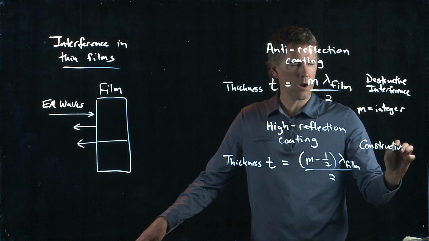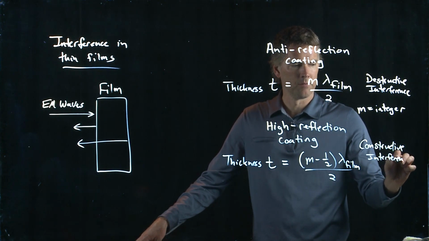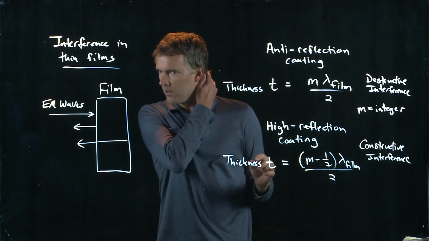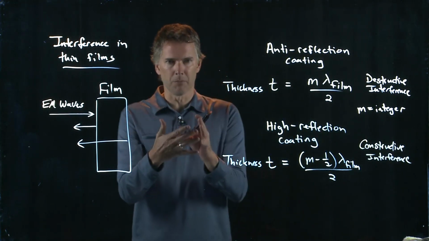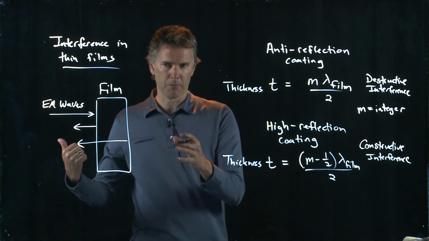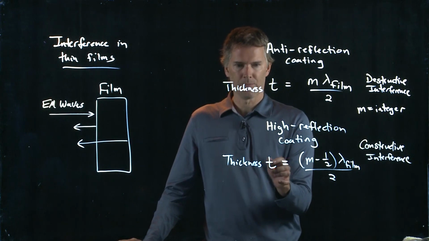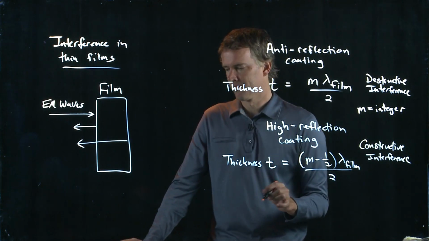And this you might want on your specialized mirrors. So if you're designing a laser mirror and you want as much laser power to come off the mirror as you can get, then you put a coating on it that has this particular thickness.